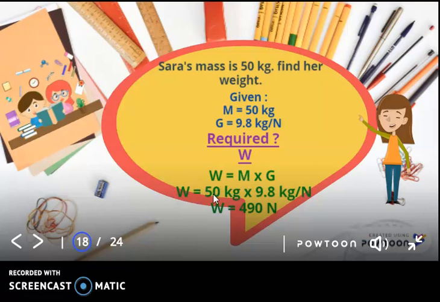What is the mass in this question? It is 50 kilogram. What is the gravity constant? You have to memorize it. It's 9.8. Don't forget to write the units. Okay, so 50 times 9.8 equals 490 Newton. As we said, weight is a force and it is measured using Newton.